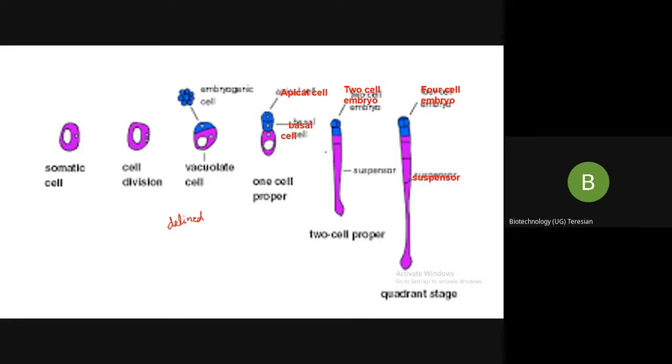Okay, they are enlarging themselves, and this enlarged part is known as the suspensor. And what is happening here? Your embryogenic cells form two-cell embryos, four-cell embryos, and finally they become a quadrant stage, wherein they become bipolar. That is, they'll have an opposite axis of developing shoot and the root.